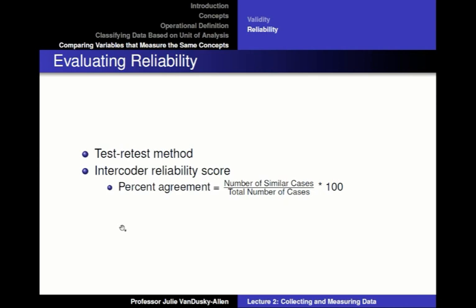A simple intercoder reliability score is the percent agreement measure. It is calculated by dividing the total number of cases that coders agreed upon by the total number of cases, multiplied by 100.